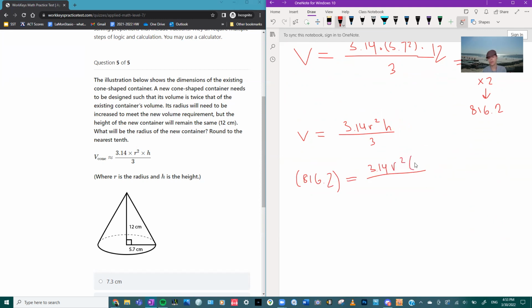And then the height, it said it was going to be the same, so 12. And then 3 is what it's divided by. All right, how do we find r? Well, we can make this 816.2 divided by 1. And why we're doing that is so that we can cross multiply. We multiply these things, we multiply these things. All right, 816.2 times 3 is 2448.6.